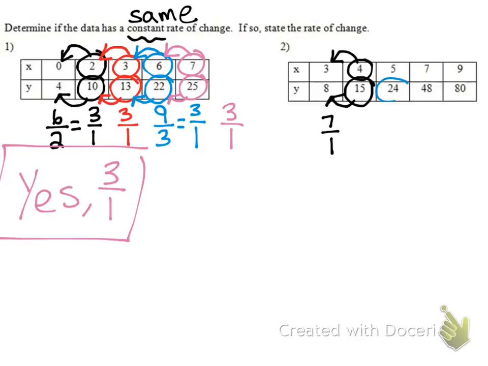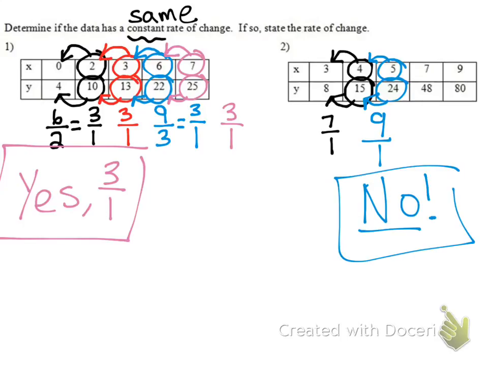What is 24 minus 15? 9. What is 5 minus 4? 1. Is this a constant rate of change? No. As soon as you see that they're not the same, you can simply put no and move on to the next problem. The only time you have to do all of them is when you think it's a yes, because you got to check them all.